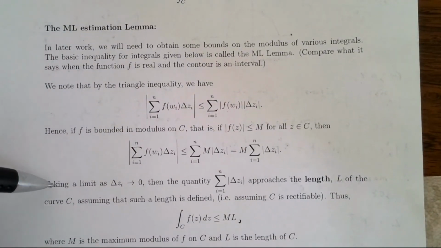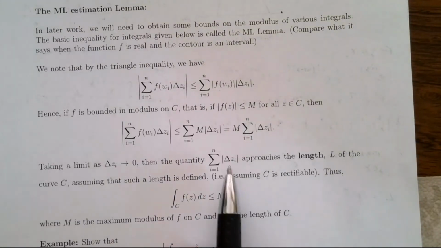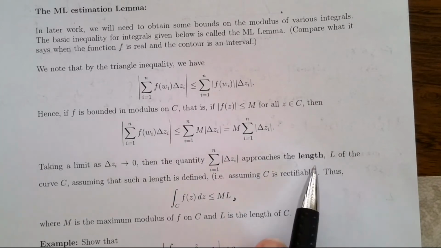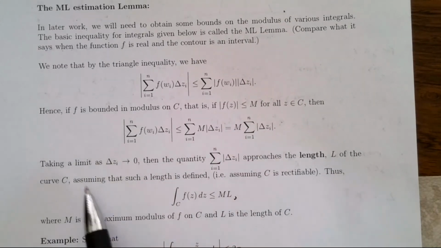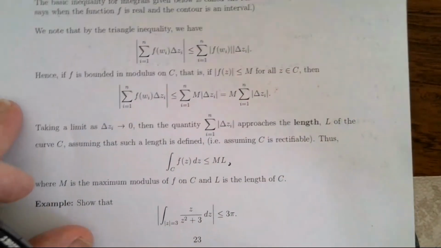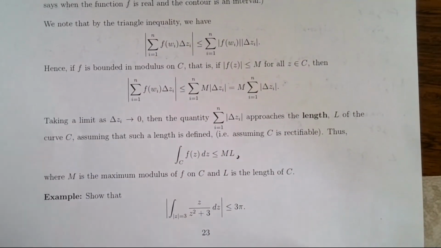If we take a limit then as the delta zi's go to 0, this quantity here is simply adding up all the little bits along our contour, and that's going to approach the length, L, of the curve, assuming that such a length is defined. The technical name here is that we assume the curve is rectifiable. If it's continuous and differentiable, then it will be rectifiable, so that all works nicely.